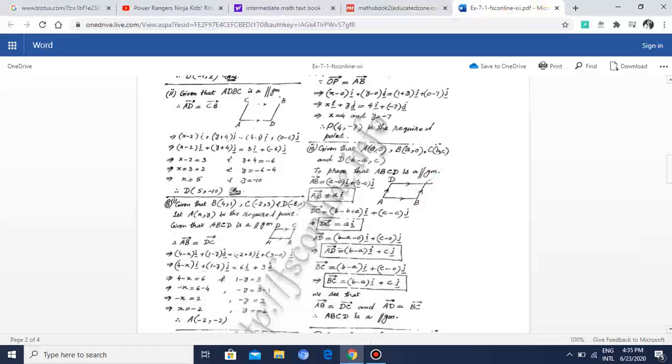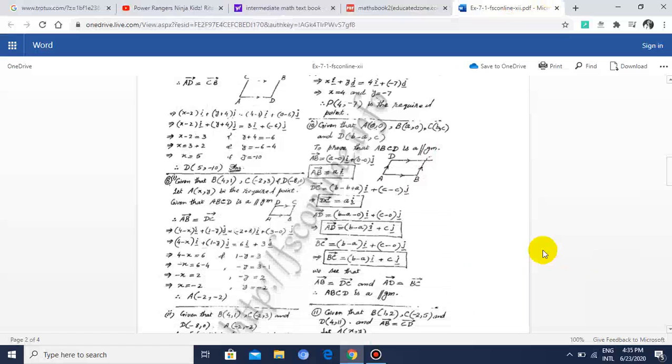To show parallelogram, we have to show that AB is equal to DC and AD is equal to BC. That means that the two pairs of opposite sides are equal and parallel.